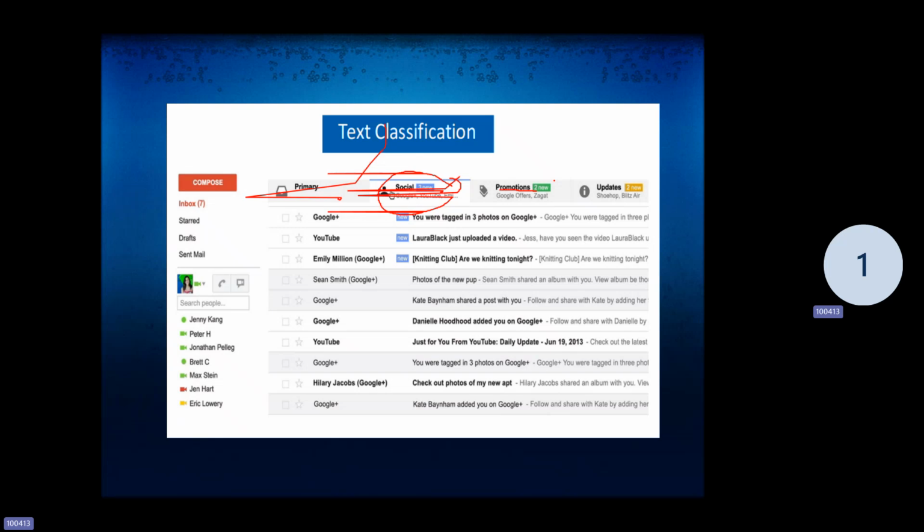That means it finds some keywords, and on the basis of keywords, it can segregate your mails into primary, social, and promotional. This is known as text classification.